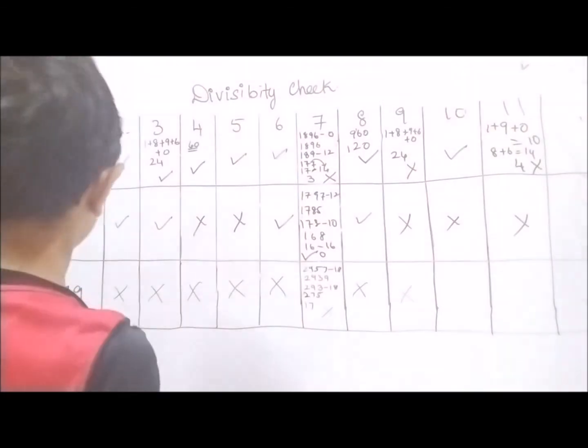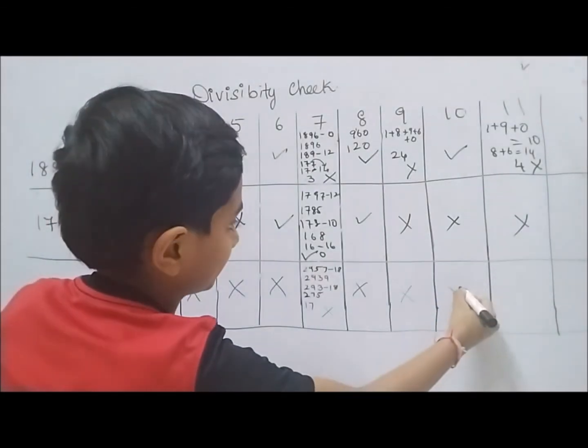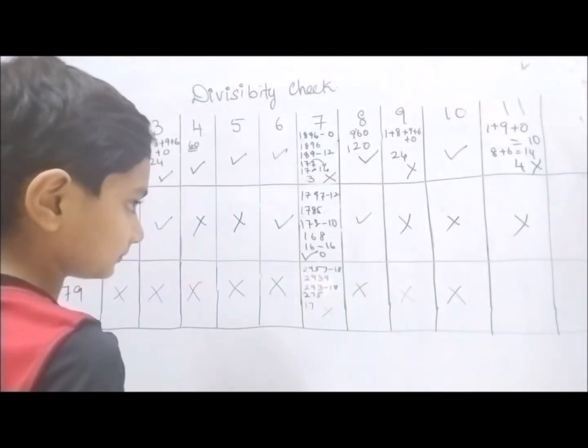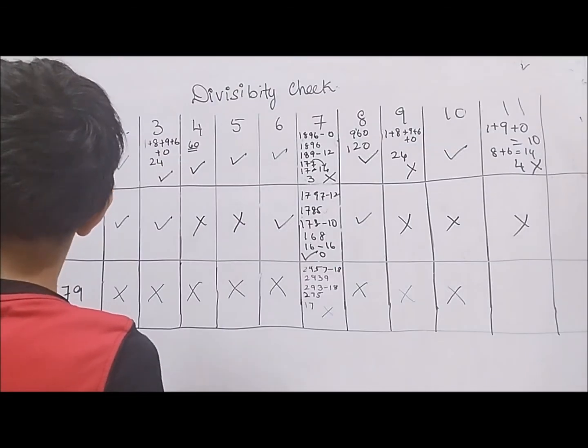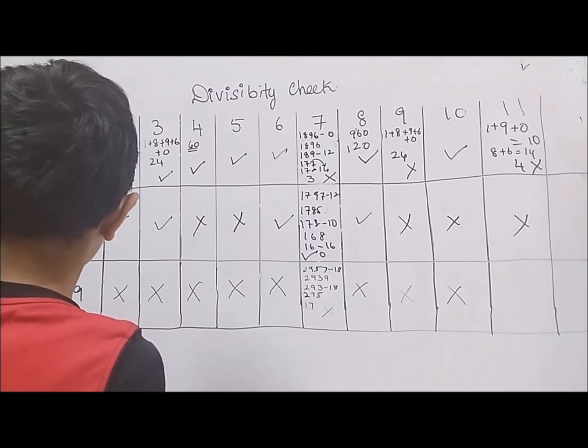The rule for 10 is? It should be ending with 0. Is 29579 ending with 0? No. So what is the rule for 11? The difference between the sum of the odd digits and the even digits should be 0 or 11. Okay.